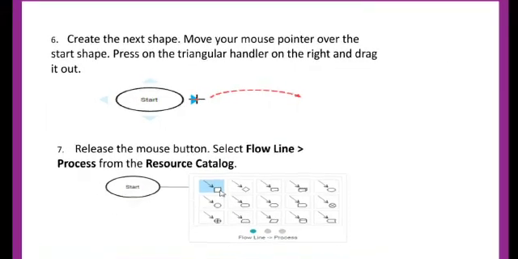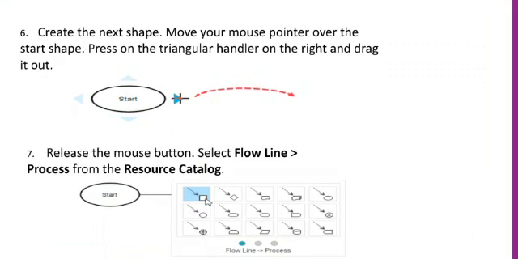Next, we have to create the next shape. Move your mouse pointer over the start shape, and take the triangular handler on the right by clicking the right side of your mouse.